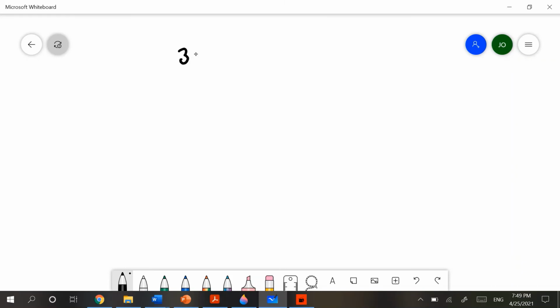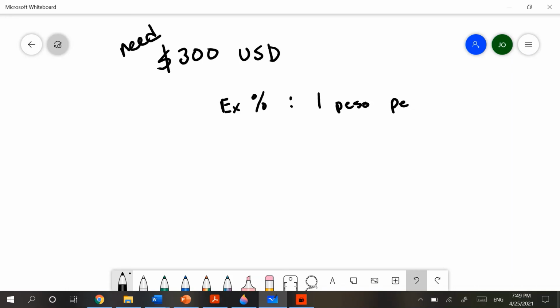I need $300 American. The exchange rate is 1 peso equals 5 cents American. So how can I get these two numbers together to get that 5,900 and change that Google gave me?